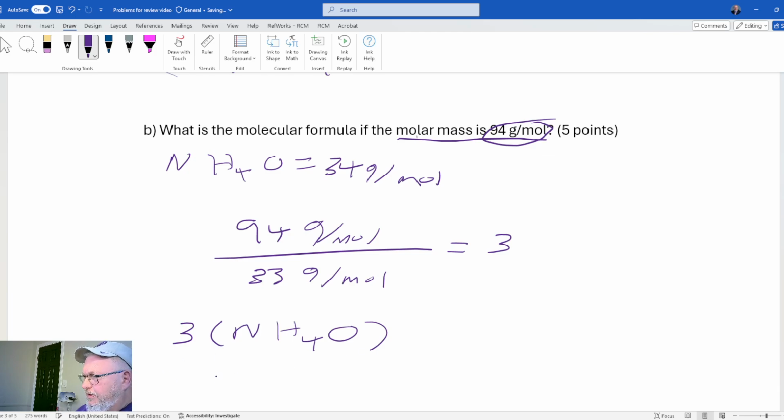So that would be N3, H12, O3. That would be the molecular formula of this particular compound. I got this using the molecular mass of the molecular formula, which was given to me in the problem. You can't find it from the periodic table. They have to give it to you.